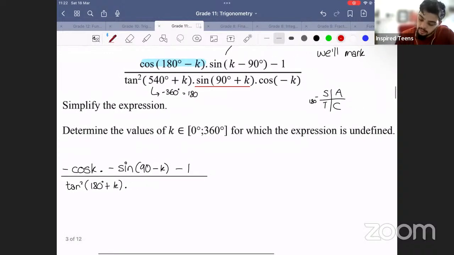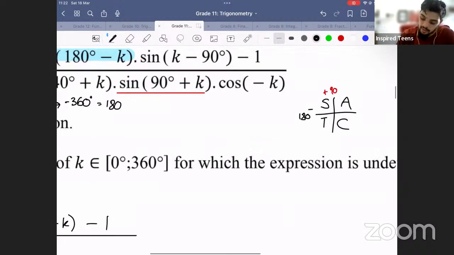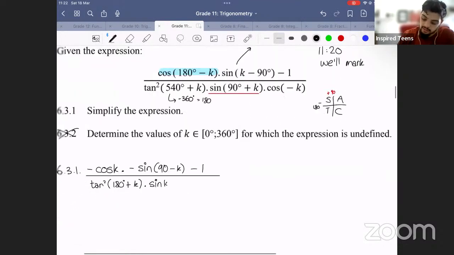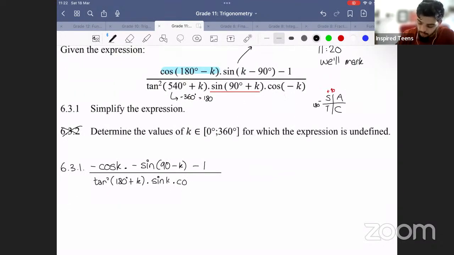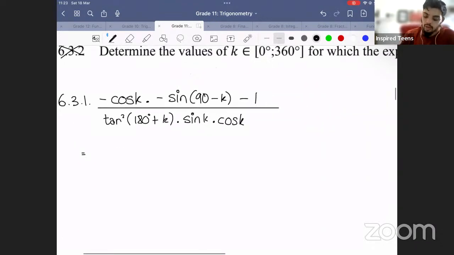Then with the CAST diagram, 90 plus is where sine is positive, so this simplifies to positive sine k. Now cos of negative k: cos swallows the negative, so it is the same as writing positive cos k. So we simplified as much as we could on one line.